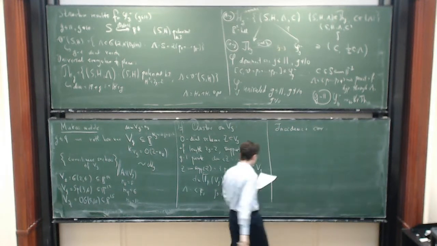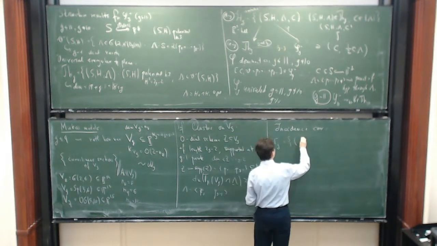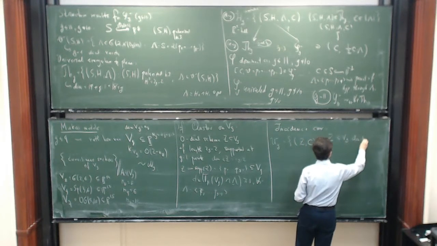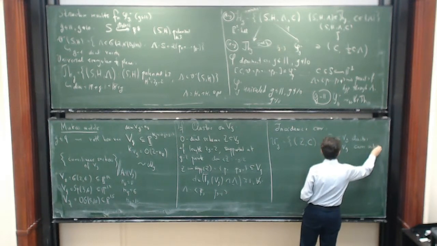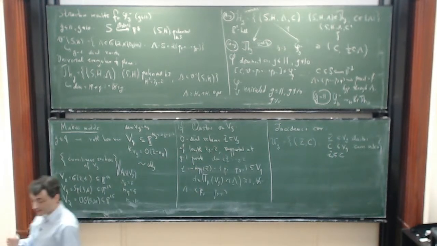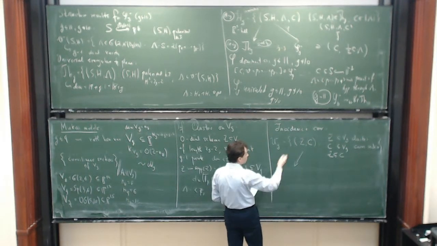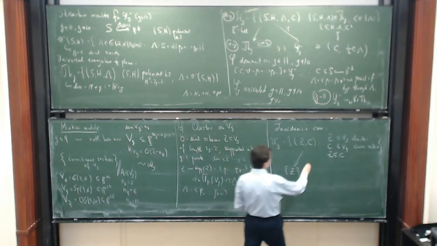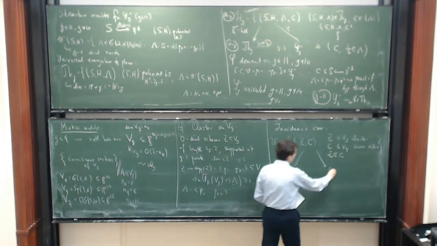So I call it U_g minus. I look at pairs consisting of a cluster and a curve, where Z is a cluster and C is a curvilinear section, and the condition is the scheme-theoretic inclusion that Z is contained in C. Then I have the moduli space of such pairs, and this maps in two directions: to the moduli space of clusters on the Mukai variety, and to the moduli space of curves of genus g.